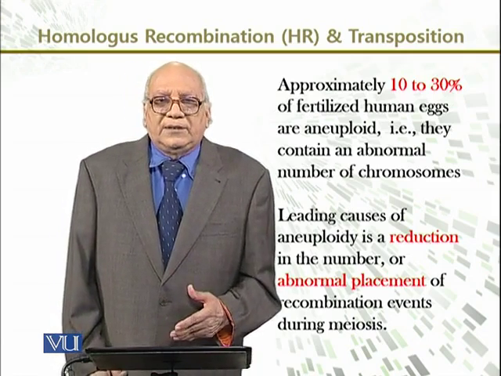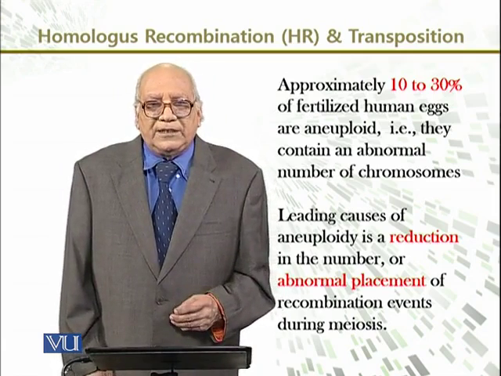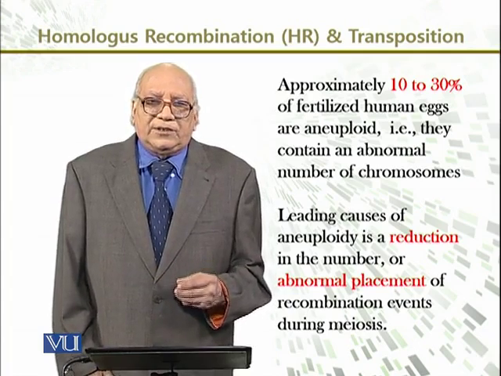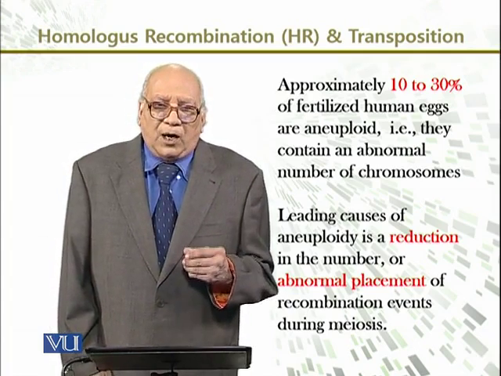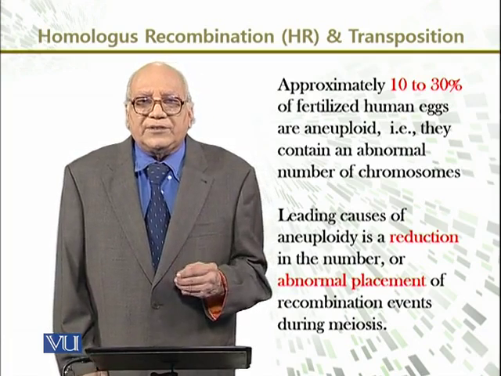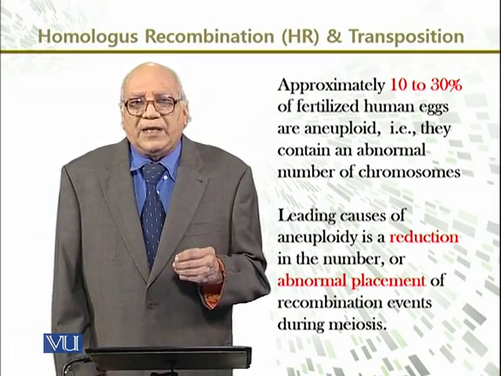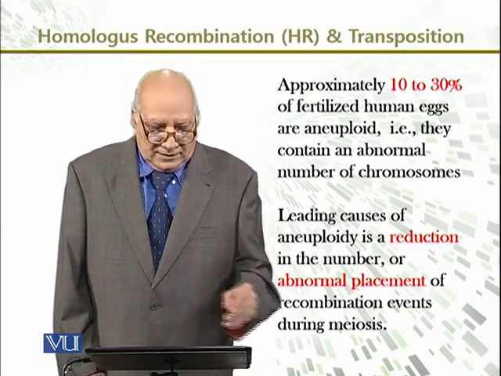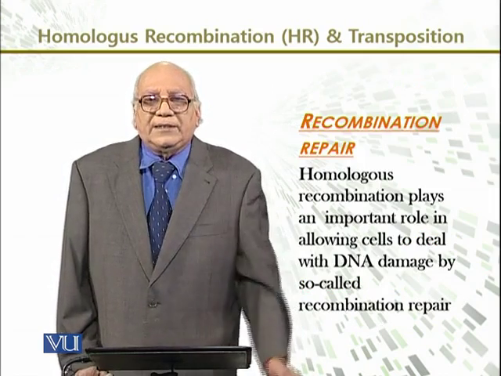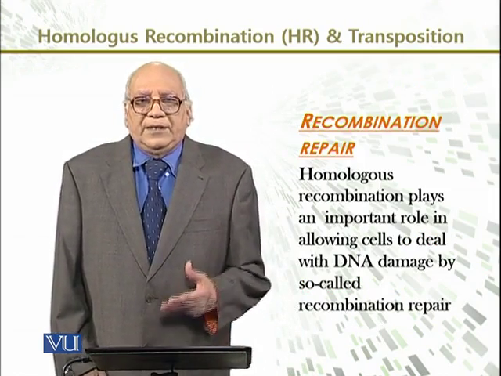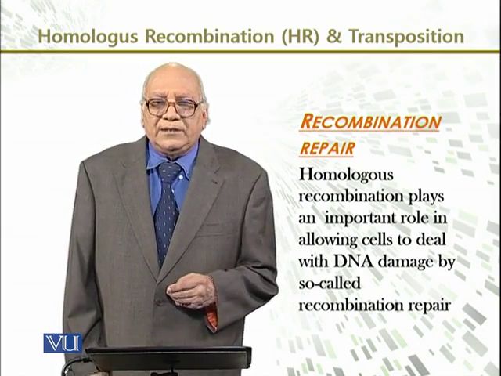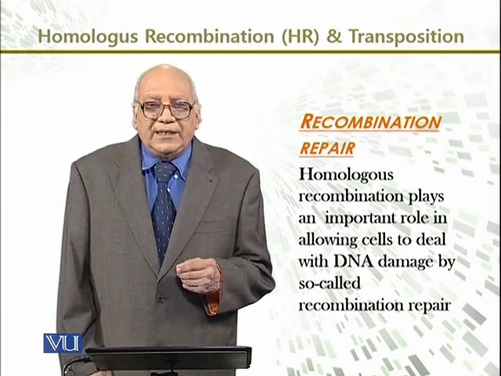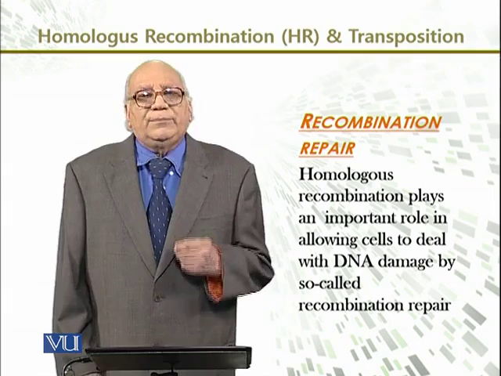Remember, we are still studying the different stages of meiosis and how the cell maintains the consistency of the next generation, so that DNA which is damaged is repaired automatically. Recombination repair plays an important role in allowing cells to deal with DNA damage.